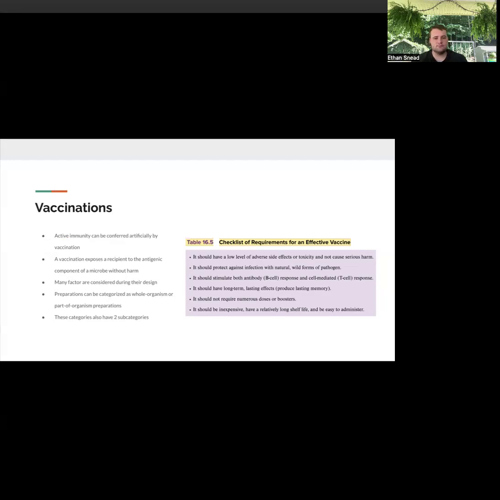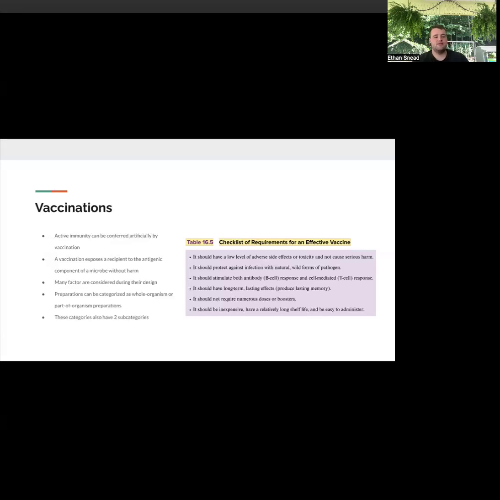Many factors are considered when designing a vaccine, such as antigen selection, how effective it will be, the ease of administering it, how safe it is, and importantly, how much it costs for the individuals receiving it.